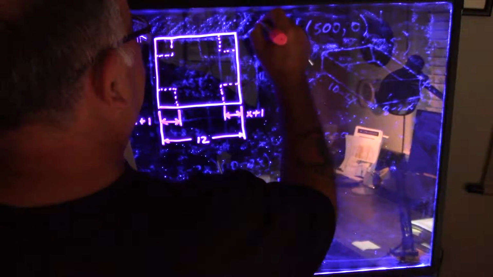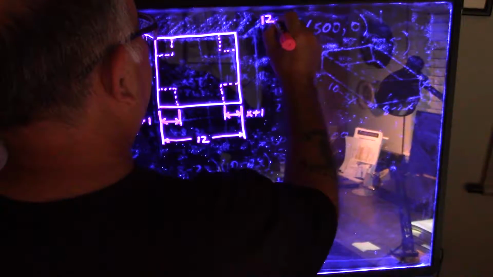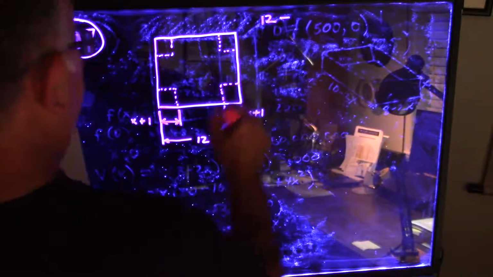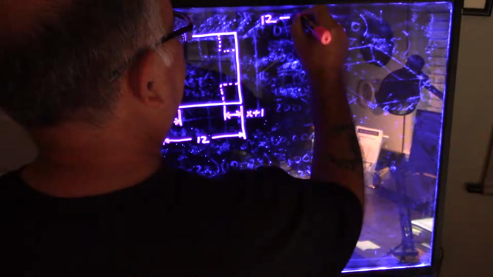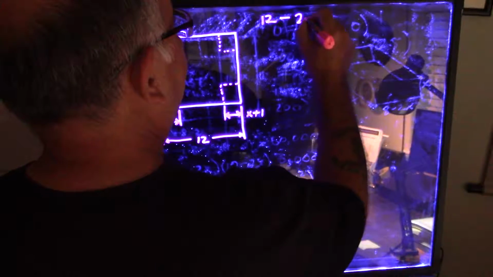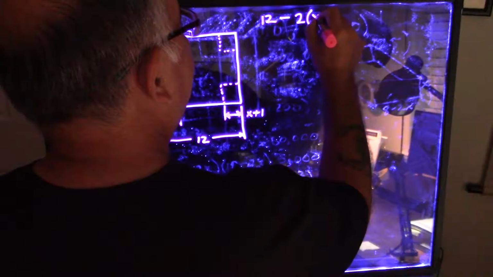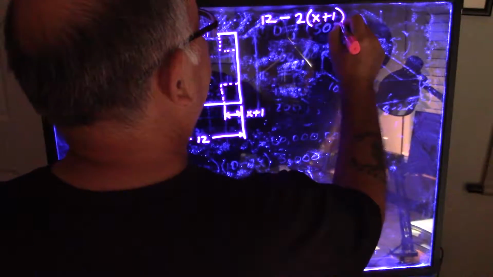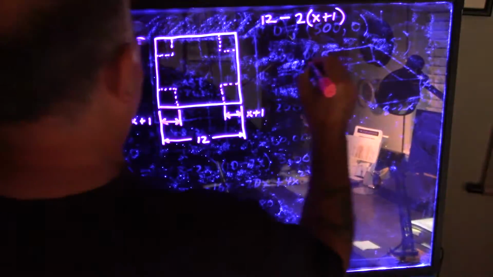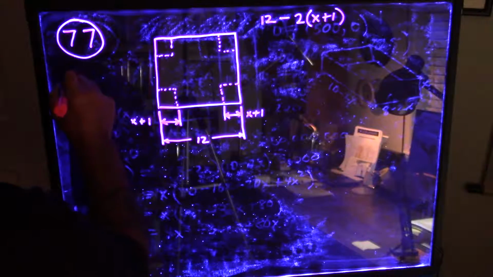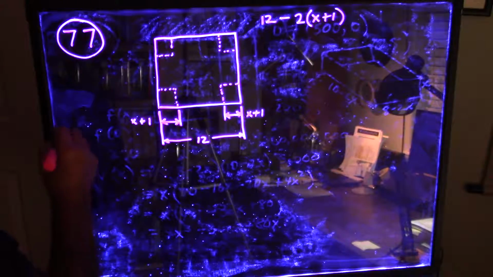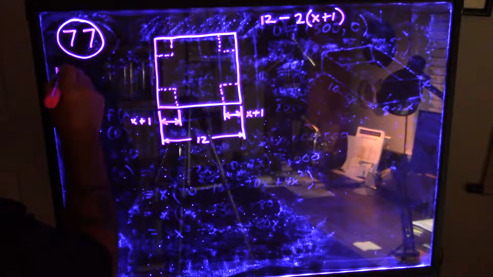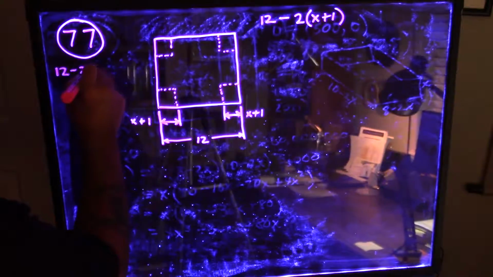Let's see, I'll do it up here. You've got 12 minus, and then you have 2 x plus 1s, right? So you could write it like this: 12 minus 2 quantity x plus 1. All right. Do not do it like this. I don't want to write it up there because this is going to be wrong. Do not do it like this: 12 minus 2x plus 1.